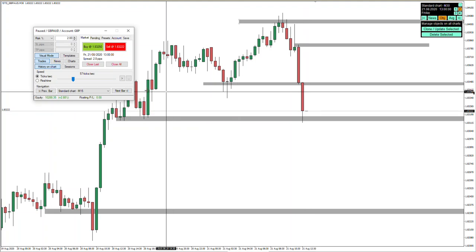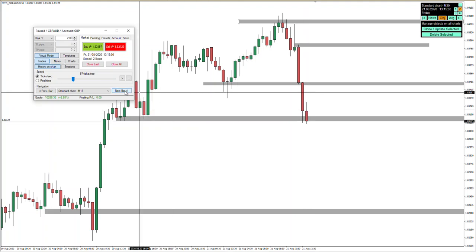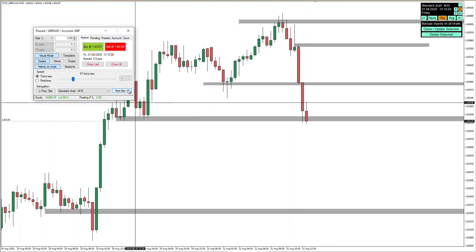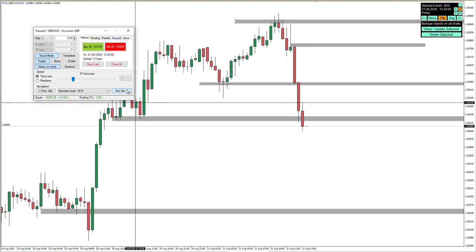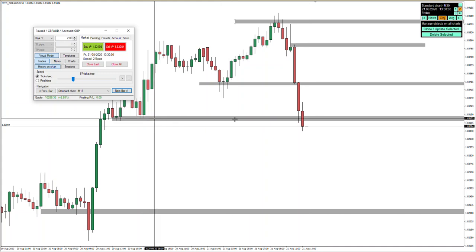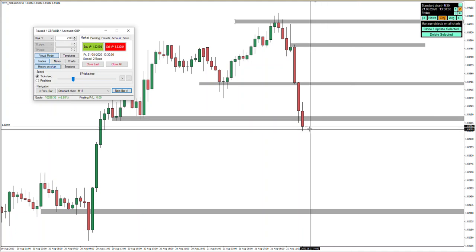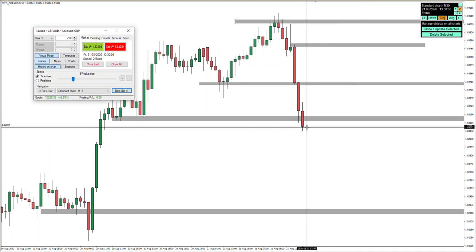At first we see a rejection here, but it tries to break the support. Yes, the support is broken. This is quite beautiful. Okay. Now I'm not sure how to enter.